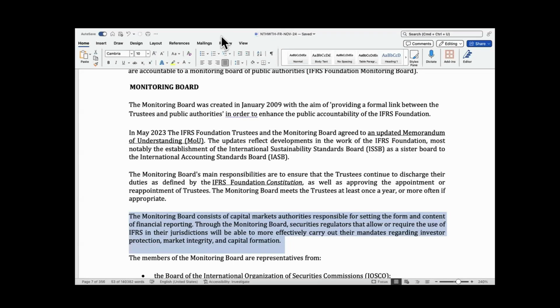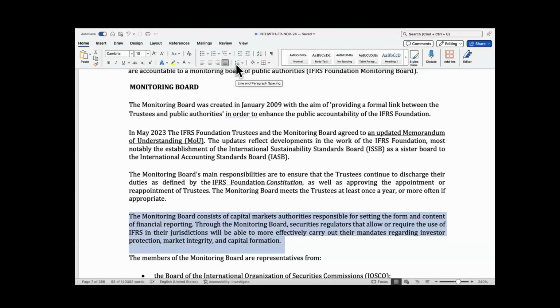When I say capital market authorities, I'm talking at Nigerian level, for example, about SEC. And you know that SEC is the body in charge of all listed companies in Nigeria, the major companies in Nigeria. So as part of the monitoring board, they would understand what is happening to companies.